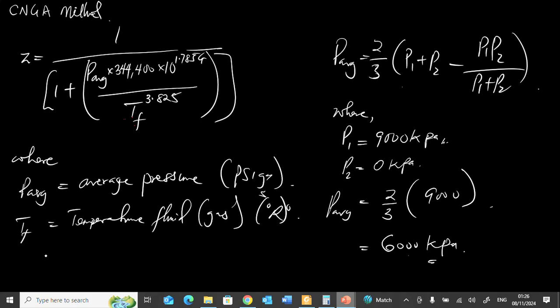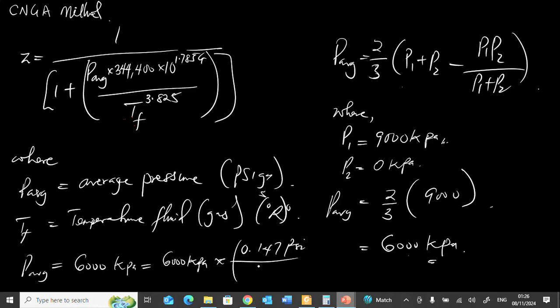So the average pressure, which is equal to 6,000 kilopascal, will now be 6,000 kilopascal times 0.147 psi divided by 1 kilopascal. So, to convert this 6,000 kilopascal to PSIG, 1 kilopascal is equal to 0.147 PSI.